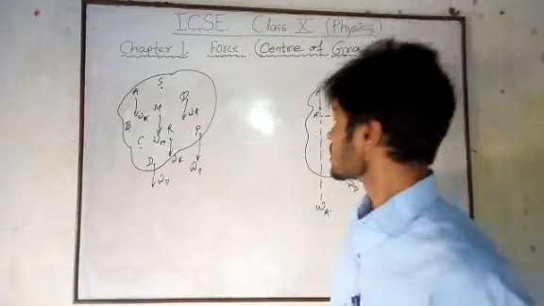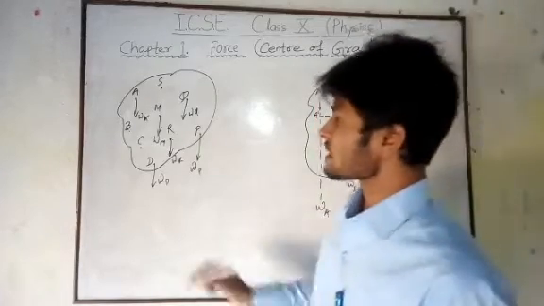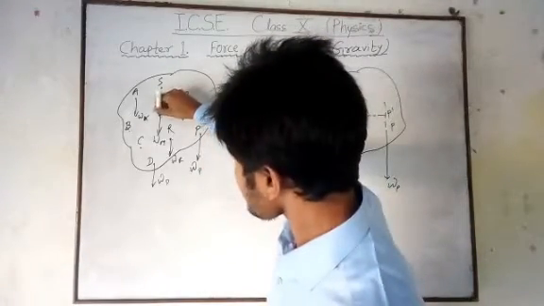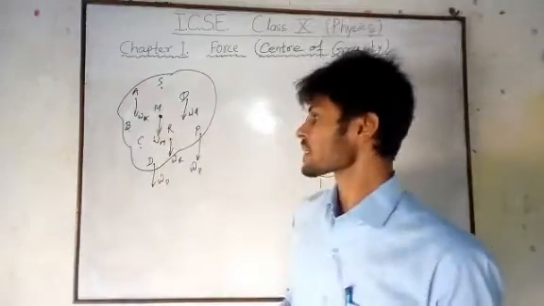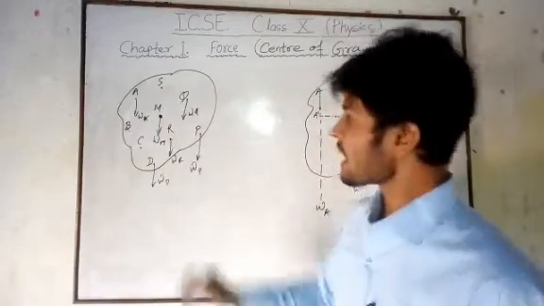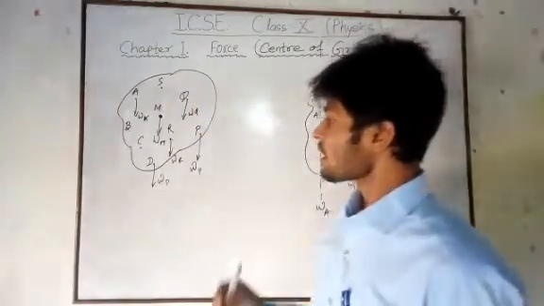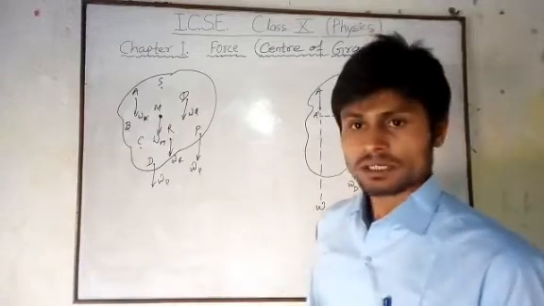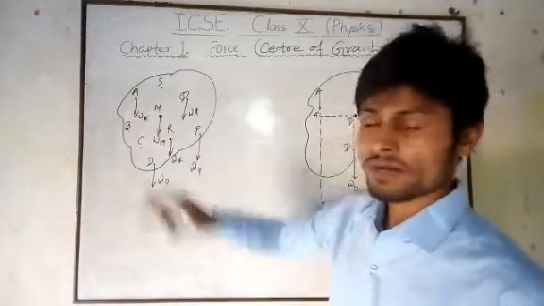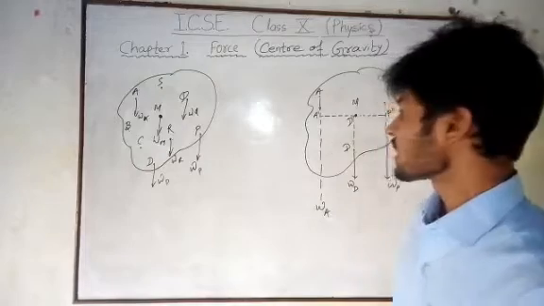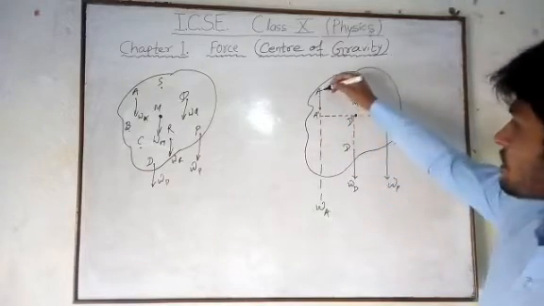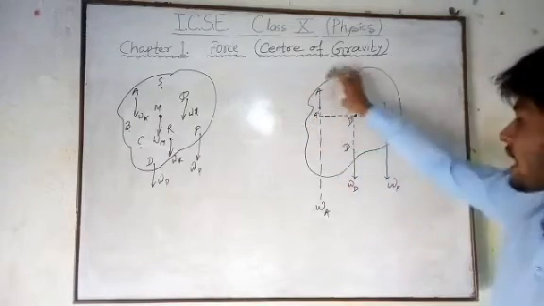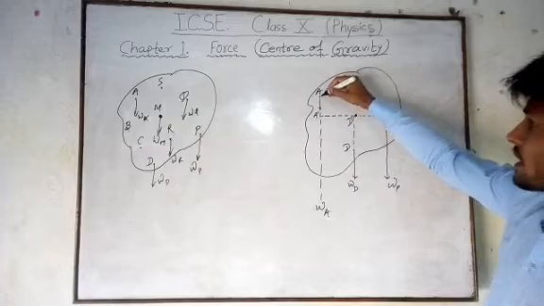Now we suppose that the body is pivoted at this point M. There are several forces in the form of weight of different particles acting on the body. Again we consider the same body here in a different form.